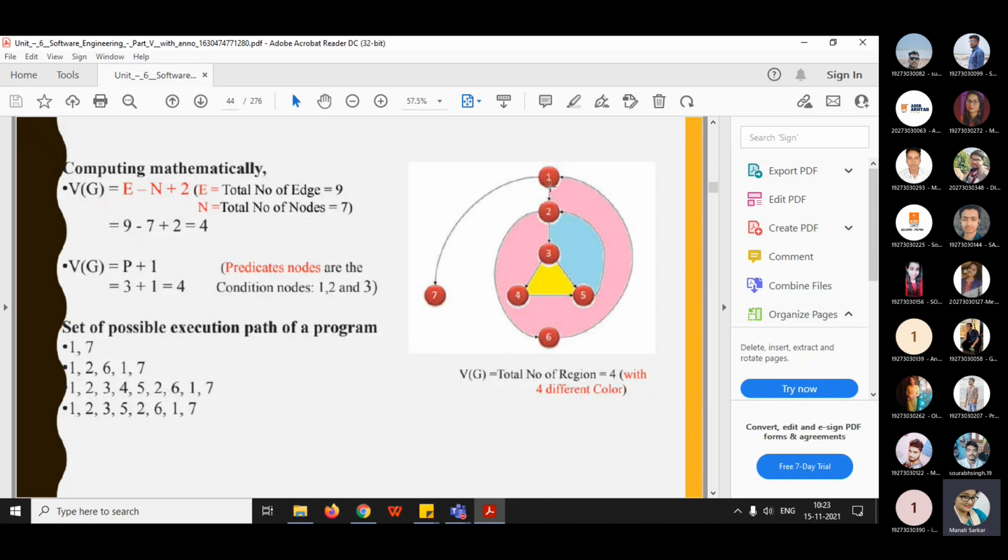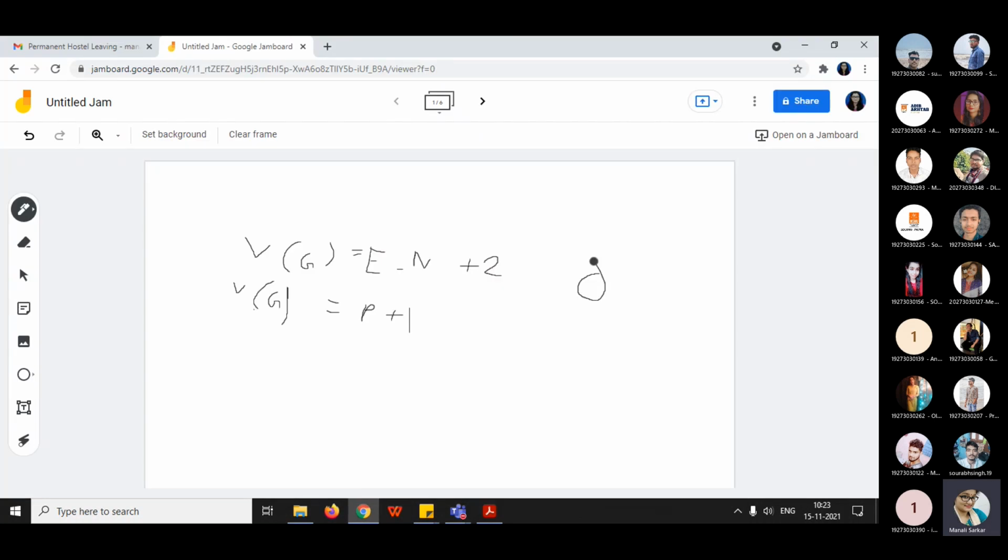Basically, whenever we check any condition, it has two parts: if the condition is true, it will execute the statements under the true part, and if it is false, it will move to the end or something like that. So whenever you are doing any condition checking, it has two outgoing edges.